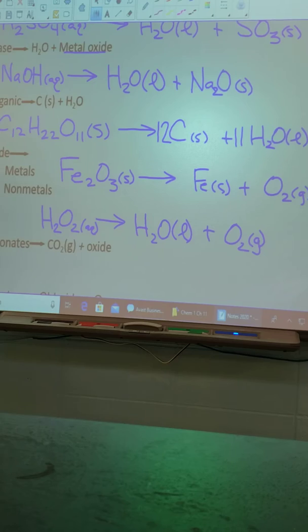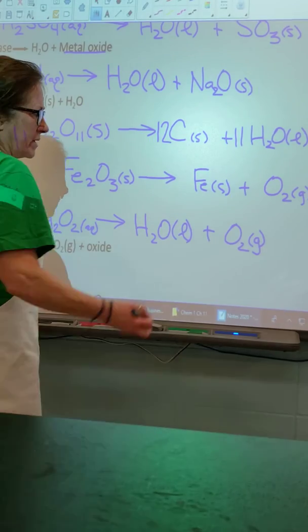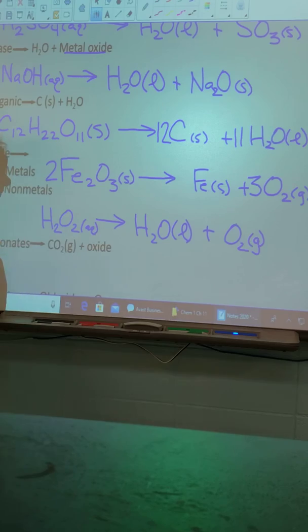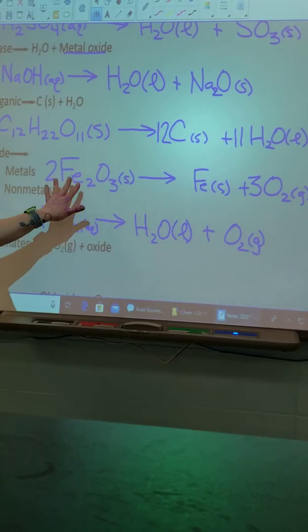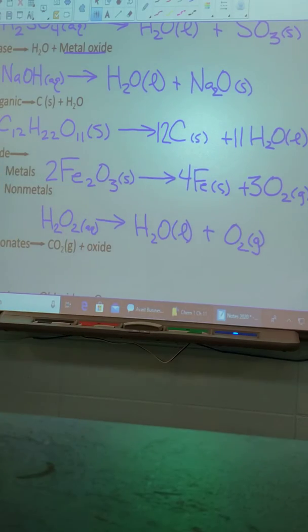All right, did you balance this one? 3 and 2, so I've got to make those an even number. So if I put 3, 2 there, then I have 6 oxygens, 4 irons, 4 irons. That's good. Okay, now let's look at this one.